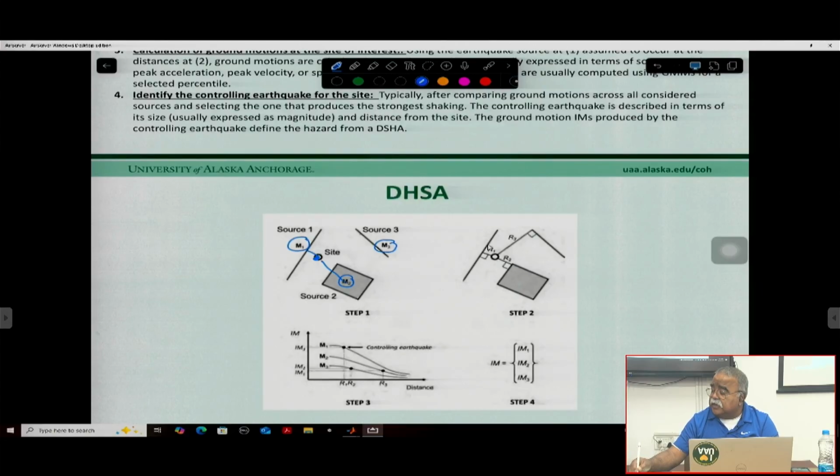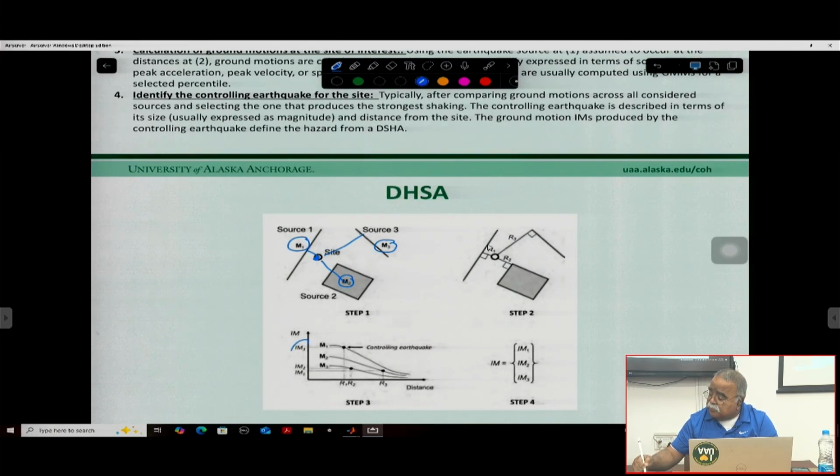All the distances are calculated from the source, and we compute the different intensity measures: if you want the PGA, the PGV, the peak ground displacement, peak ground velocity, peak ground acceleration.